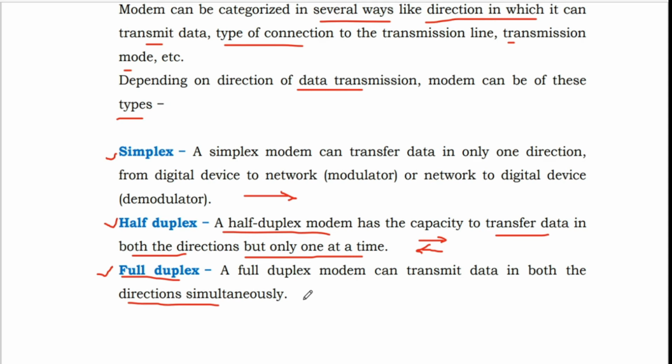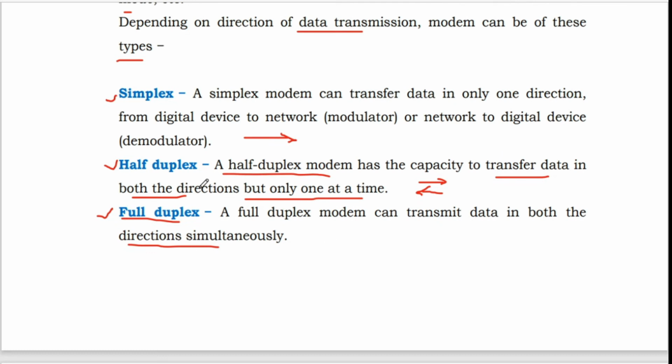Here you can listen as well as talk immediately, as and when the communication is taking place. But that is not the case with half duplex. In half duplex, you first transmit the data, then tell the other side that your transmission is over, and then the other side replies.